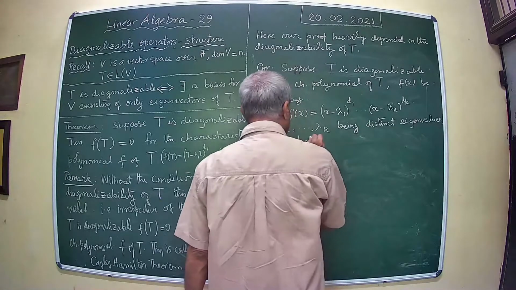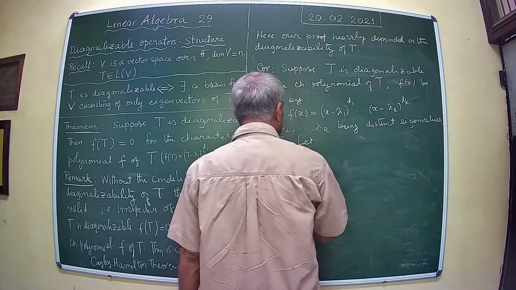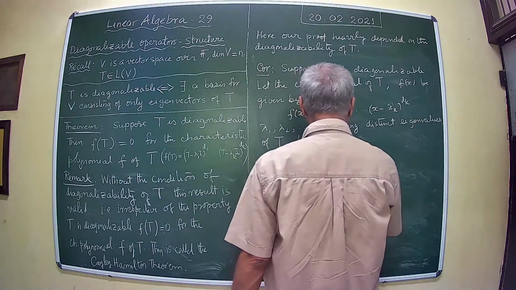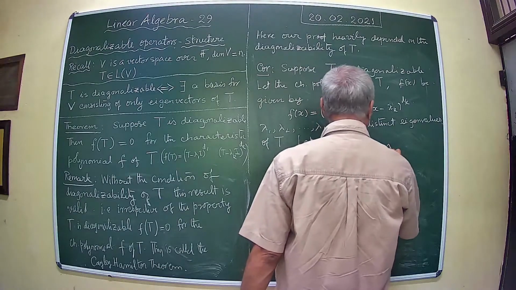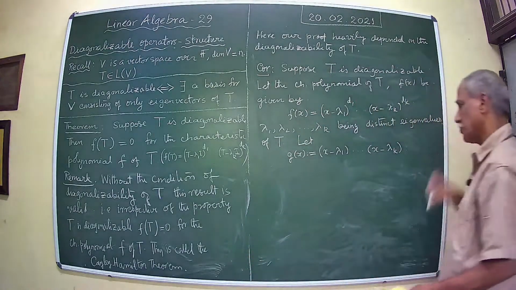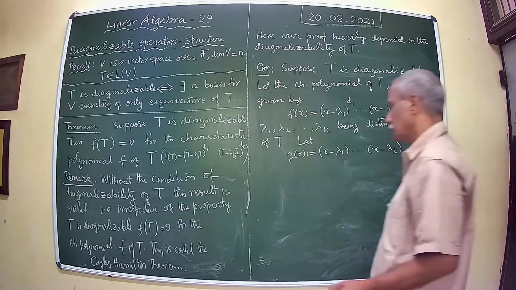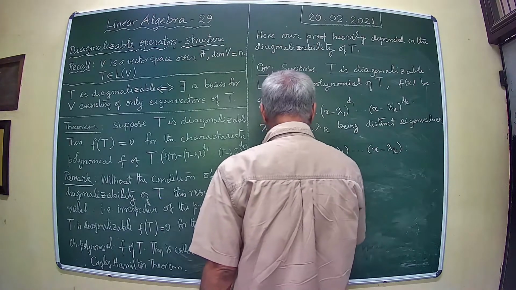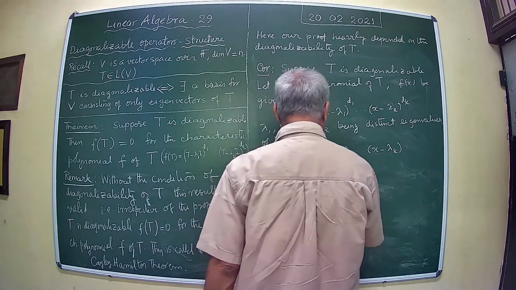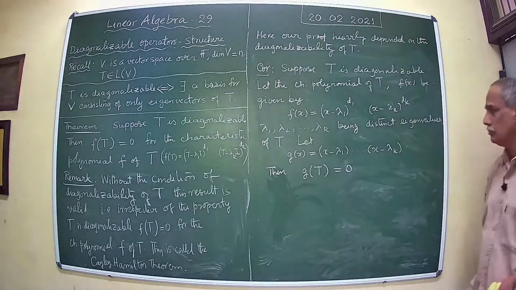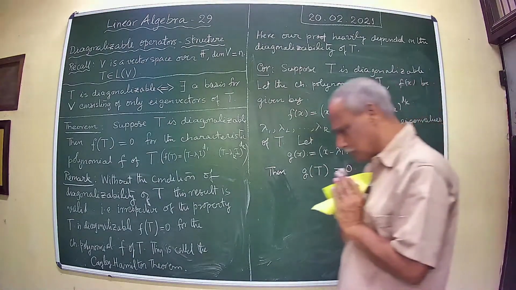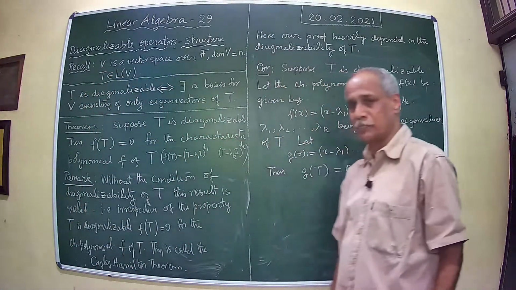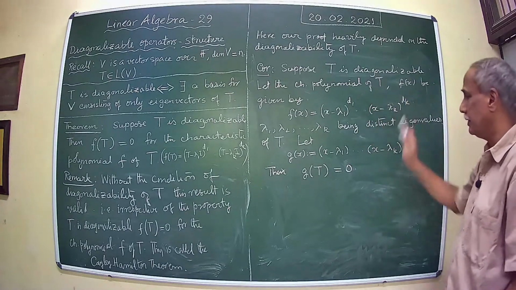Let g(x) be defined by the product of (x minus lambda i). This is quite easy to prove. You prove it the same way. Exactly the same arguments are repeated. Use diagonalizability, and this is true.